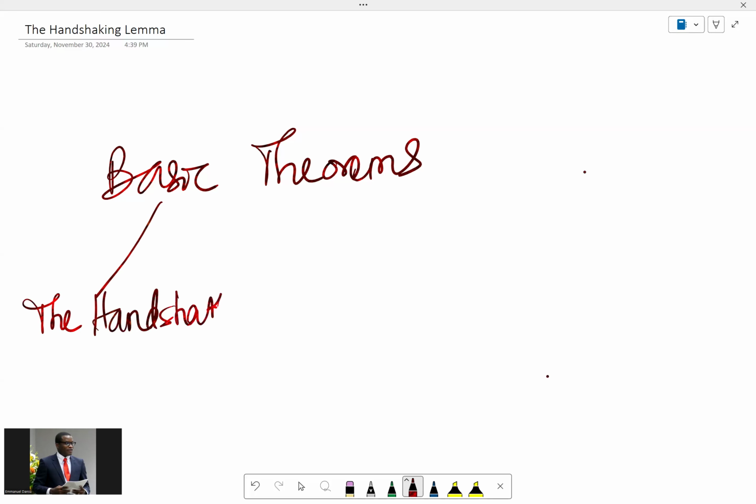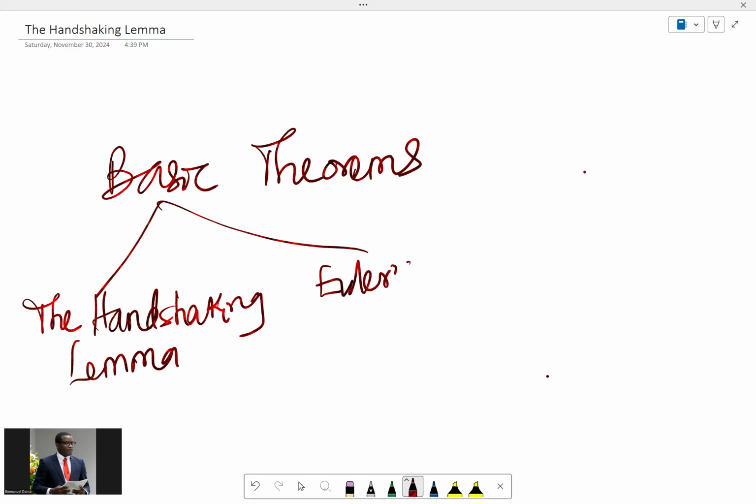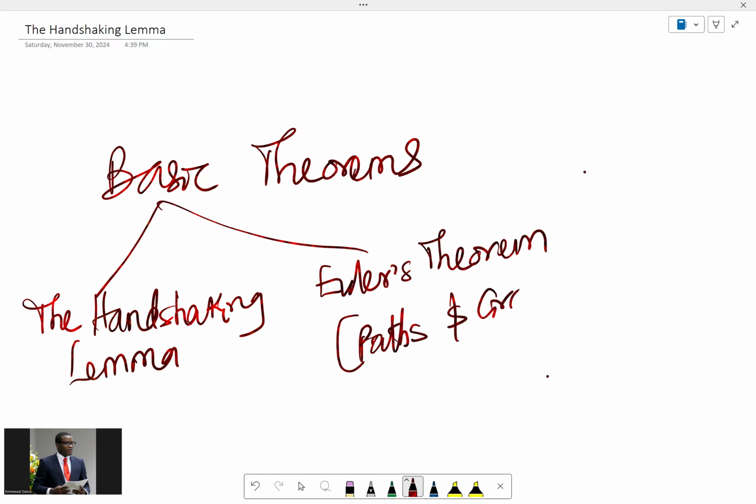Apart from the handshaking lemma, we also have Euler's theorem. It will look like Euler has something to say about every aspect of mathematics, and that's talking about Eulerian paths and circuits. Euler's theorem relates to Eulerian paths and circuits.